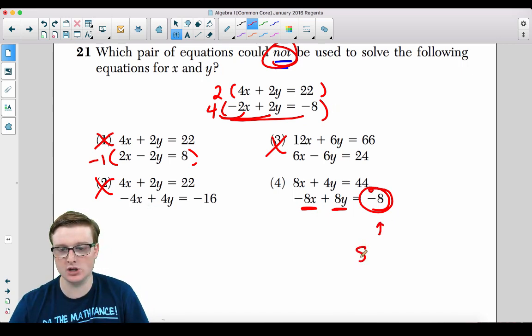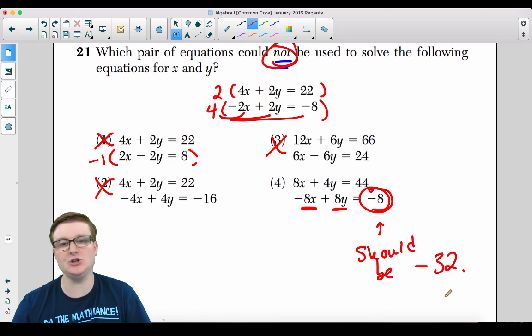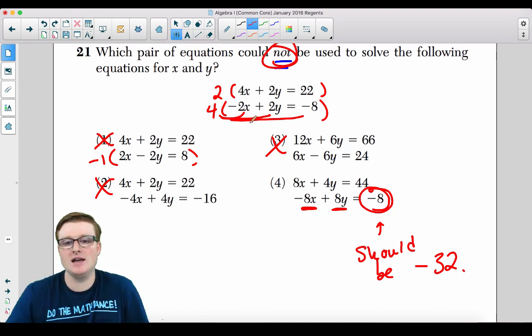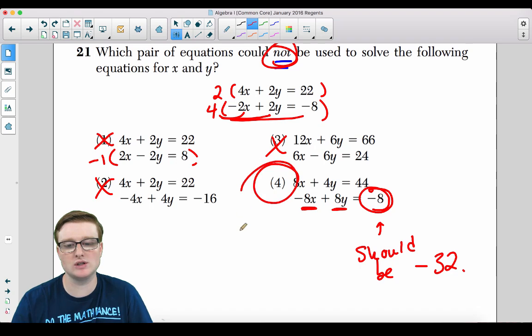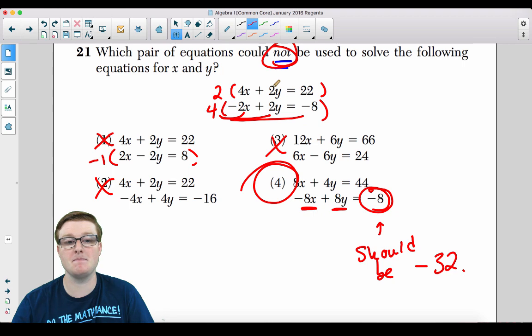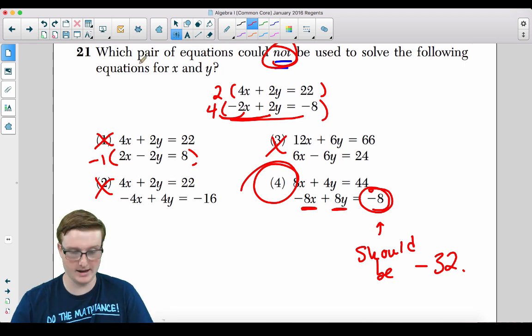This number should be negative 32. That's where the mistake happened. So when you dilate, you have to multiply it to every single number, and in this case, they failed to do that. So choice 4 is the correct answer because that will not produce the same solution for x and y.